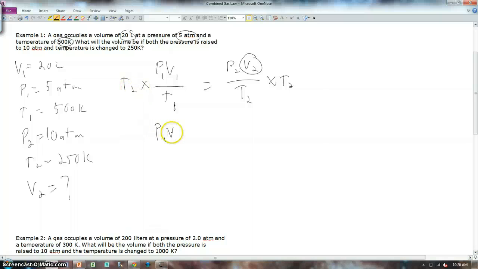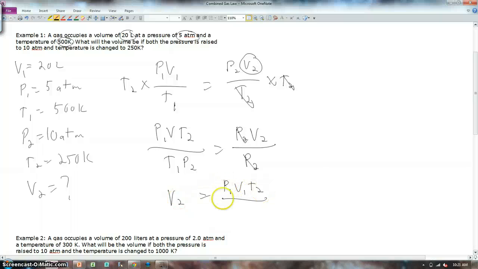We end up with P1 V1 T2 over T1 equals P2 V2. Now I need to isolate V2, so P2 comes over to this side, these two cancel, and I'm left with V2 equals P1 V1 T2 over T1 P2.